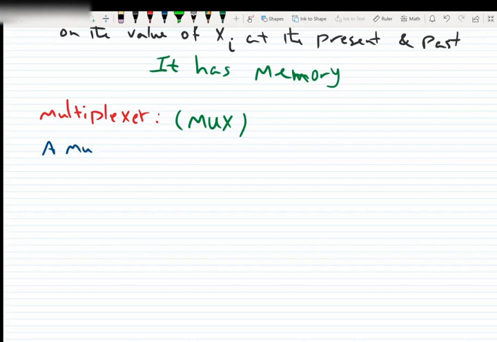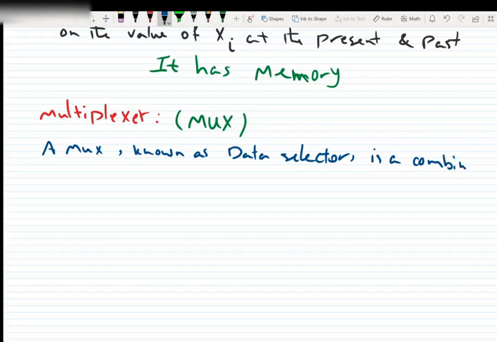A multiplexer, also known as a data selector, is a combinational network. Network means a network of gates, like a group of gates.